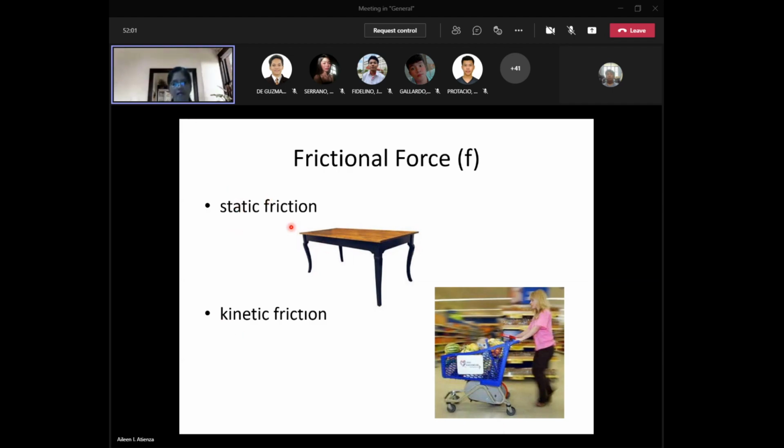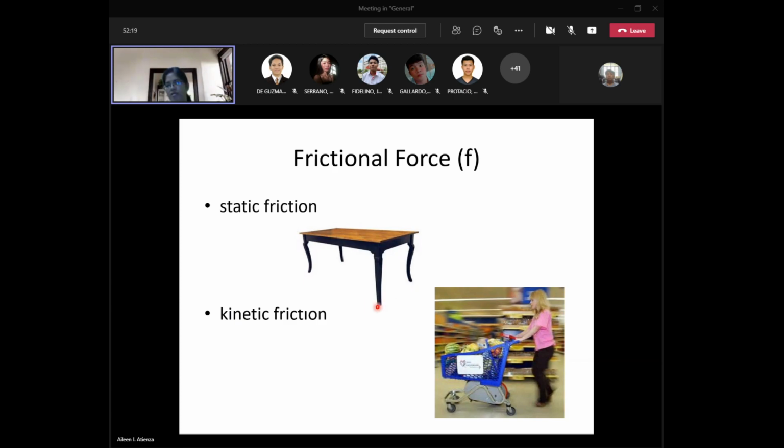Same as true, we can also have frictional force applied even if the object is at rest. For example, you have this table. We have contacting surfaces, the leg of the table and the floor.